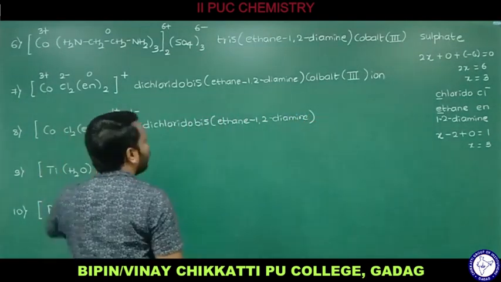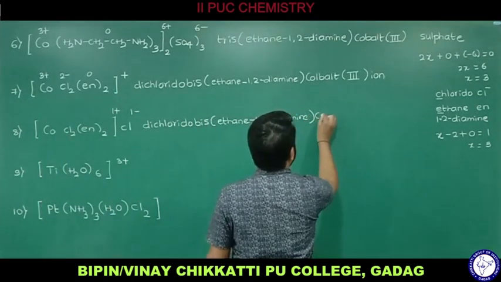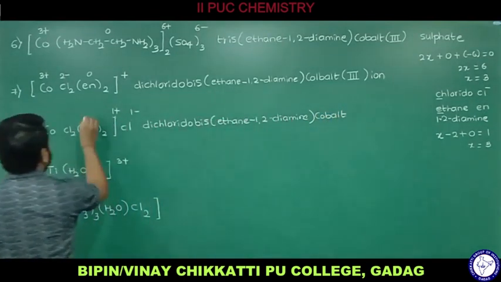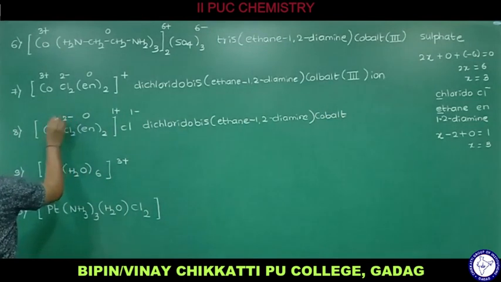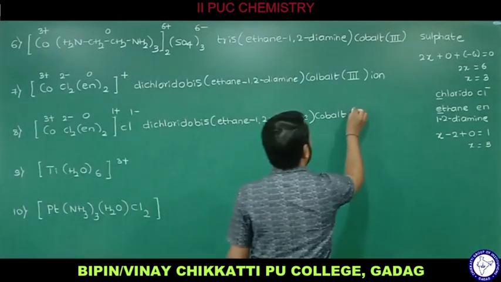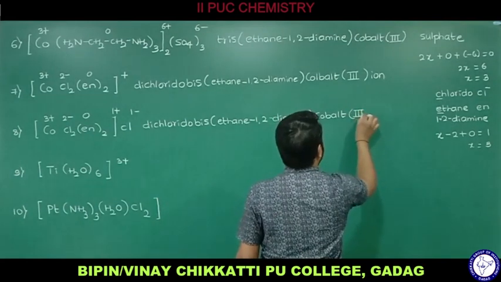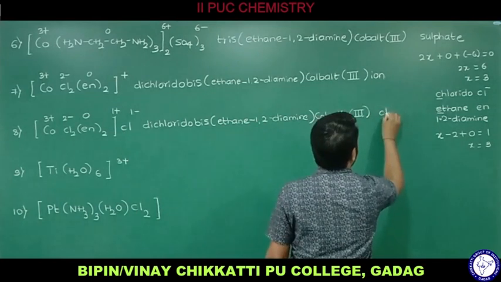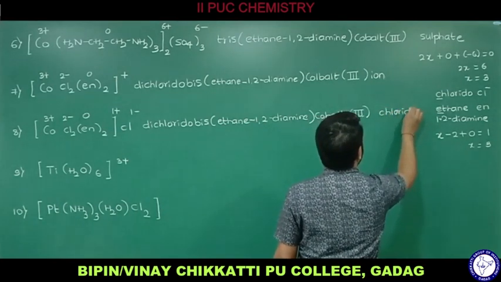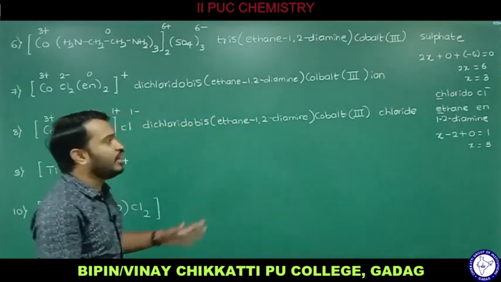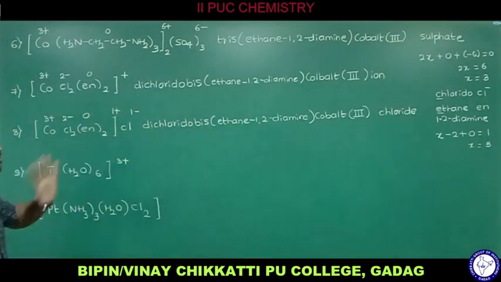And then we have cobalt. For the oxidation number, this will be neutral, this will be 2 minus, and ultimately this should be 3 plus. So cobalt 3. Now this is a coordination complex. We have the ion as Cl, therefore we are supposed to write chloride here. So now try to know the difference between an ion and a complete coordination compound, and how to name them.